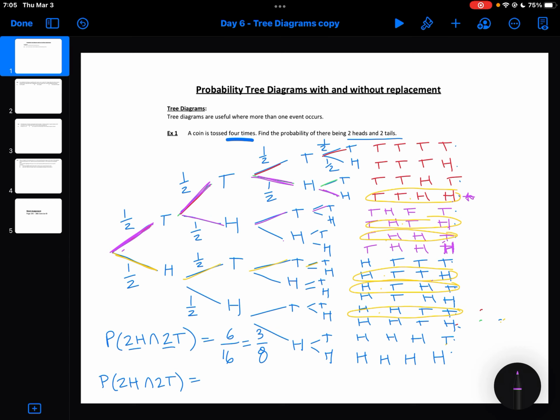And I've got 1, 2, 3, 4, 5, 6 ways to do that. So 1/2 times 1/2 times 1/2 times 1/2 times 6 different pathways that are going to give me the outcome I want gives me the same 6 out of 16 or 3 out of 8. That would be my probability for getting 2 heads and 2 tails, which I found using a tree diagram.